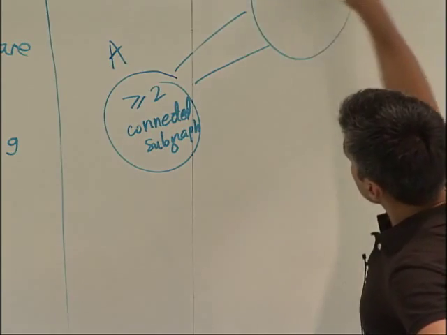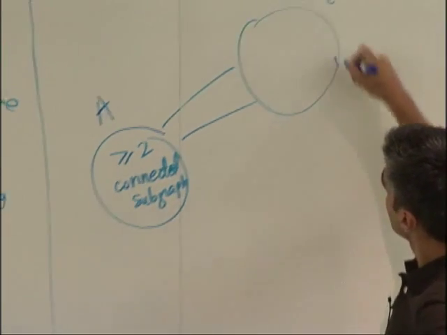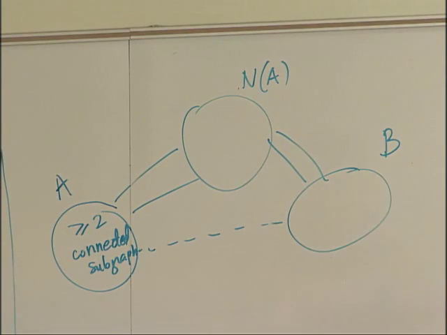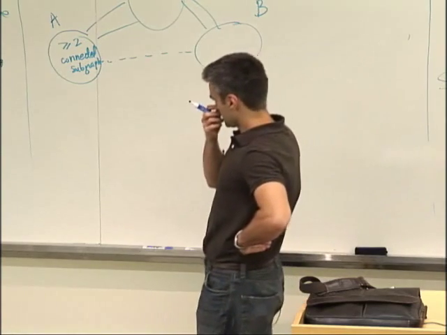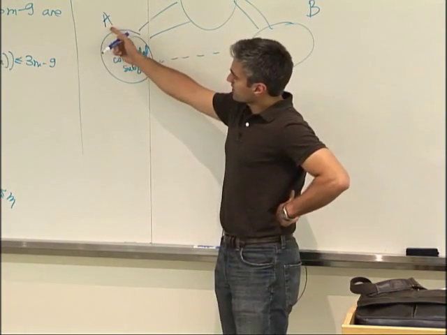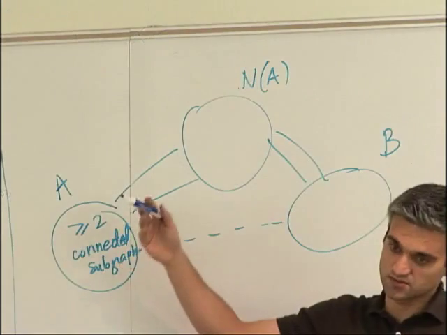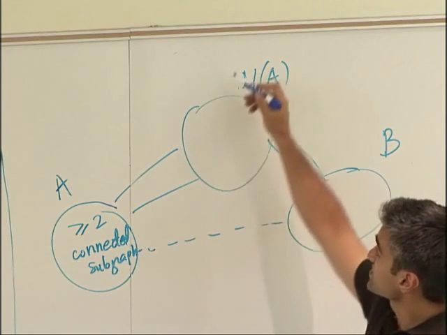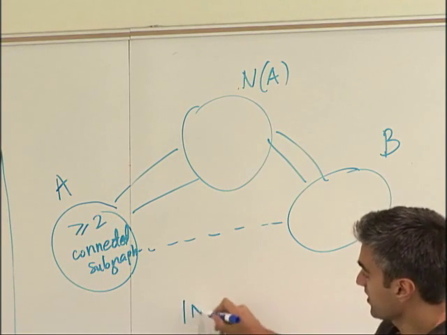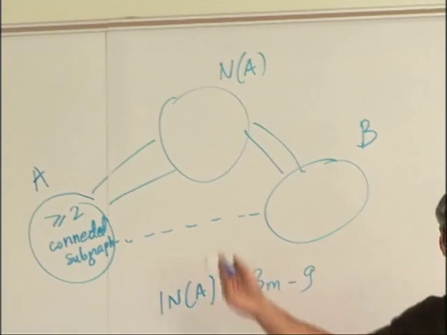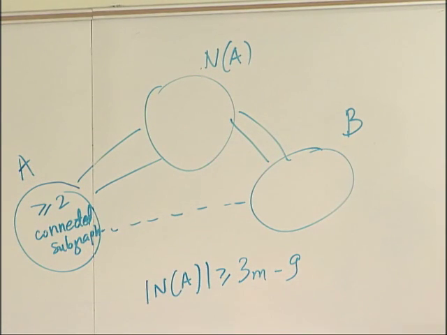You take here the neighborhood of A, and here you take what is left, which we call B. What I'm trying to show is that for any A with at least 2 vertices and at most half of the number of vertices, which induces a connected subgraph, the size of the neighborhood of A has to be greater than or equal to whatever value you want, this 3m minus 9.